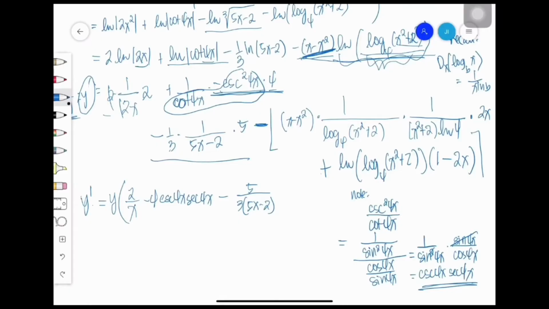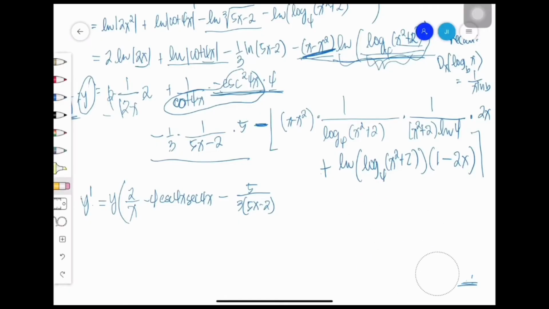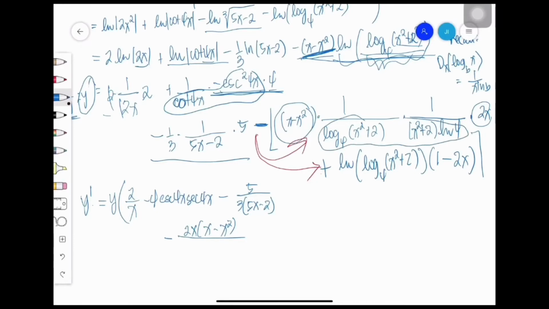Okay tayo doon? Then, for the last two terms, can I distribute this negative sign on both terms now? So I can have minus, the numerator is just 2x times x minus x squared, all over, the denominator is this whole thing, ln of 4 times x squared plus 2 times the logarithm of x squared plus 2 base 4.